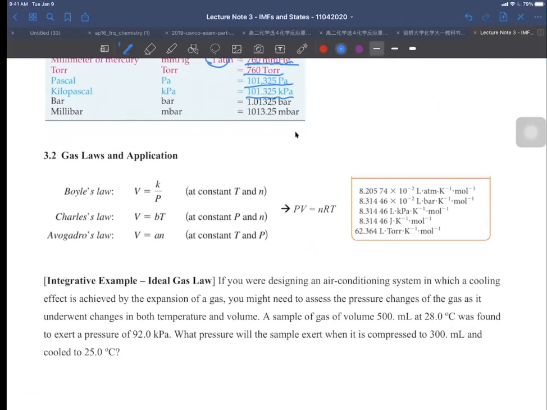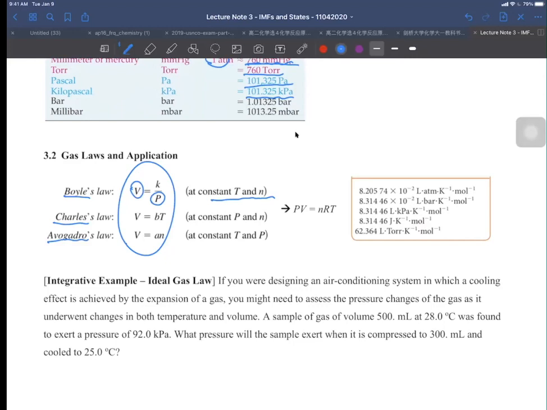So the next part is the ideal gas law. The ideal gas law was derived based on the previous contributions from Boyle, Charles, and Avogadro. At constant temperature with the same amount of gas, the volume is inversely proportional to the pressure. Let me give you an experimental example.